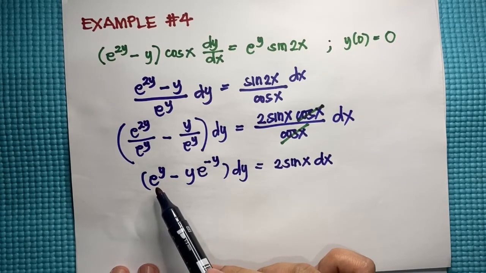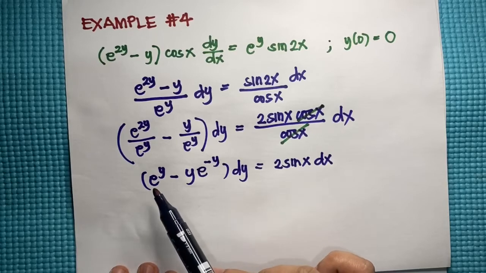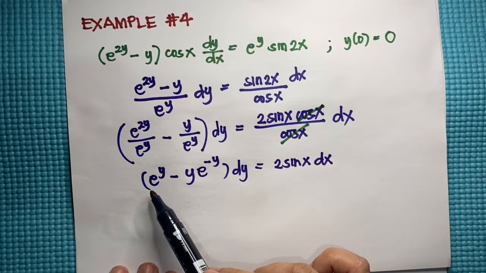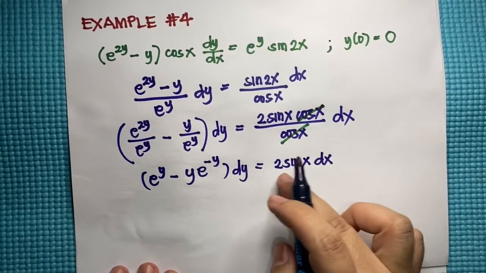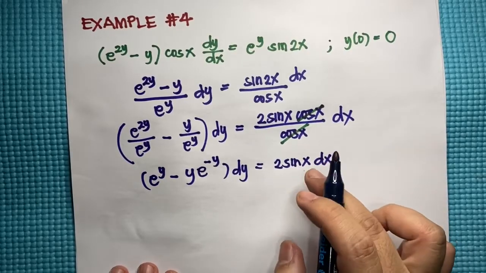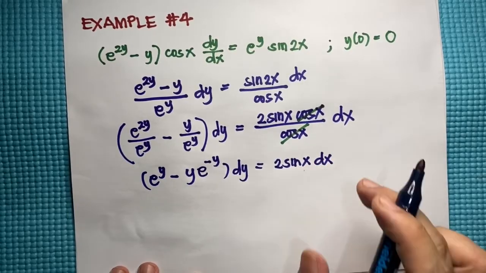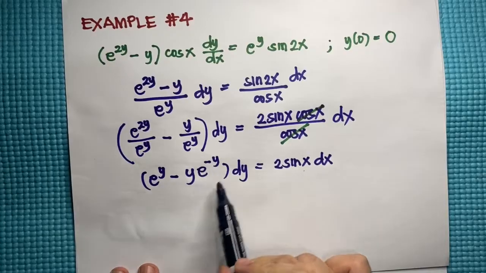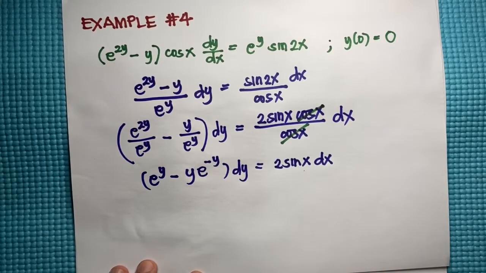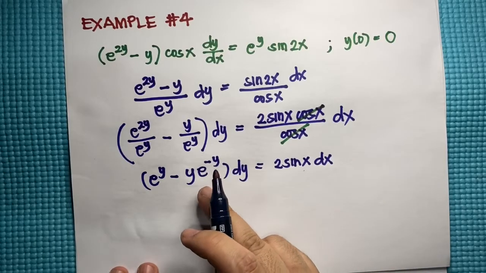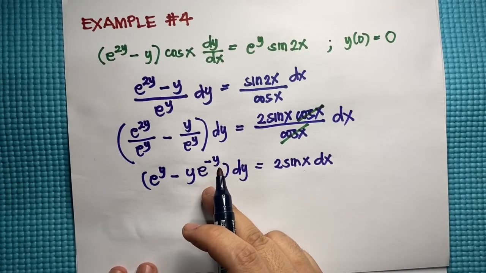The first term, e^y, is just the method for an exponential function, and 2 sine x is a direct trigonometric function, the integral of sine. But here we have negative y e^(−y), so this involves a special method.